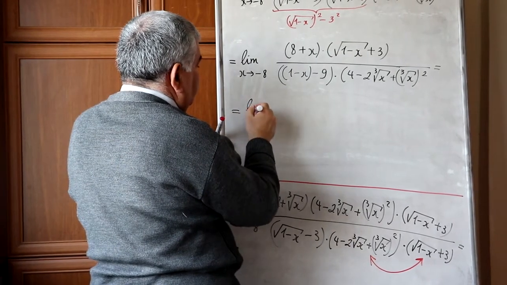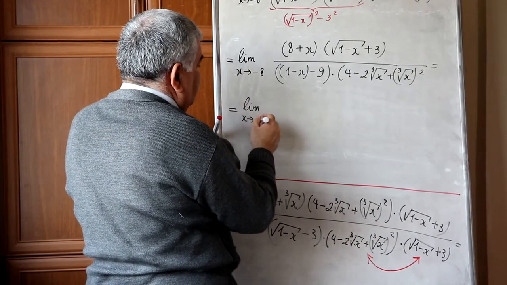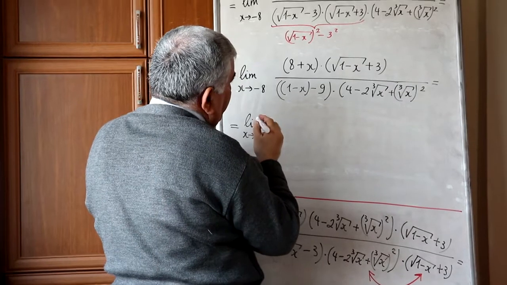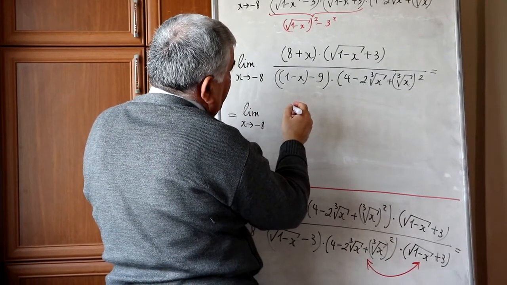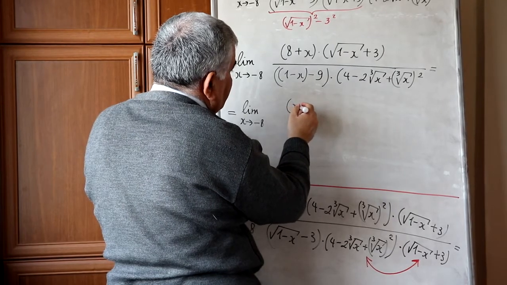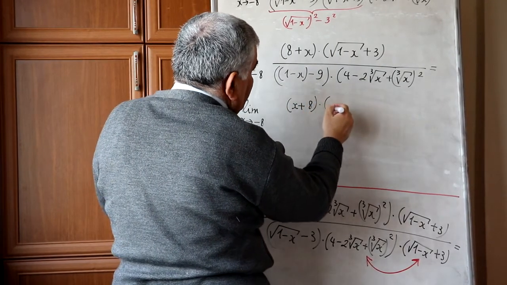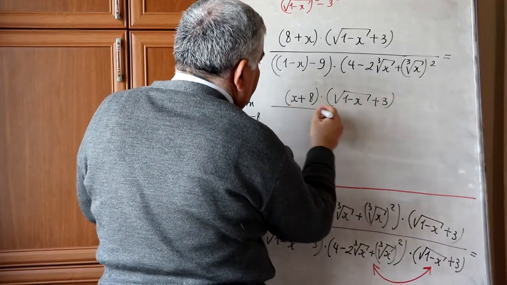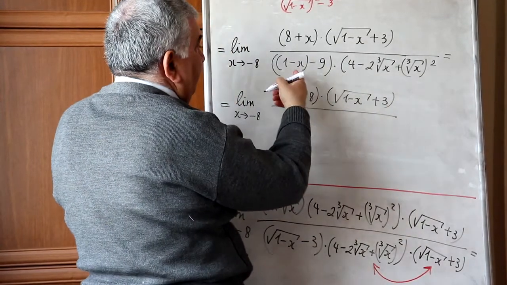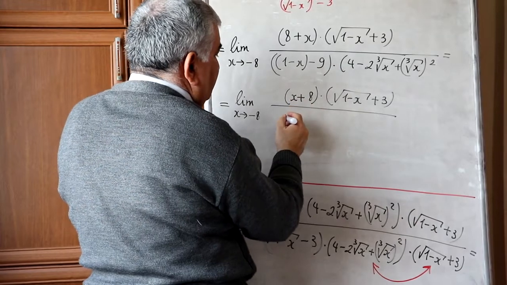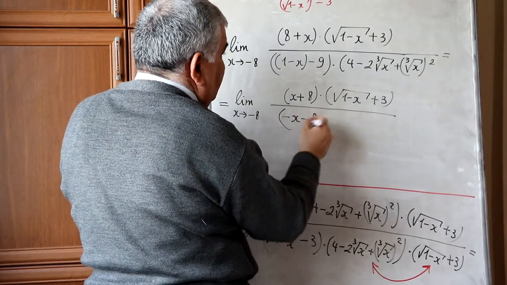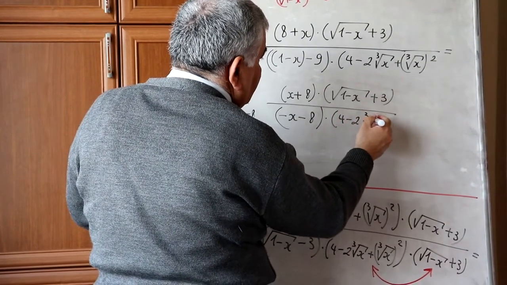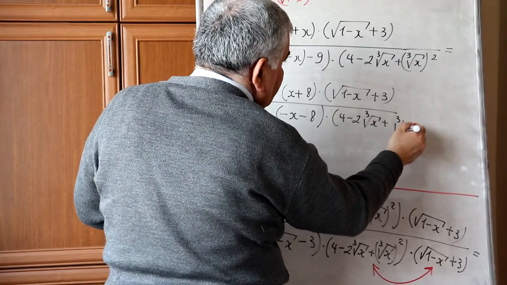Then limit when x tends to minus 8. Here rewrite in the following form. x plus 8 multiplied by square root of 1 minus x plus 3 over minus x minus 9 multiplied by 4 minus 2 cube root of x plus cube root of x squared.